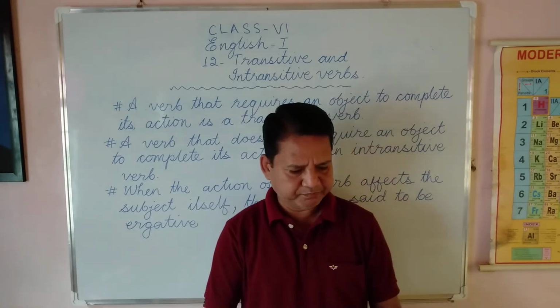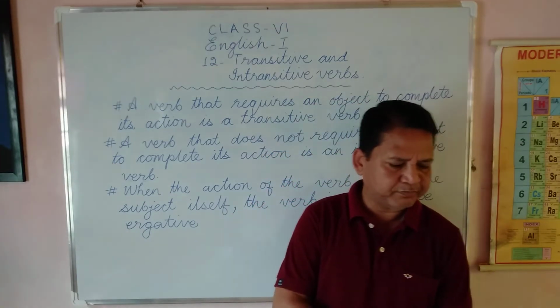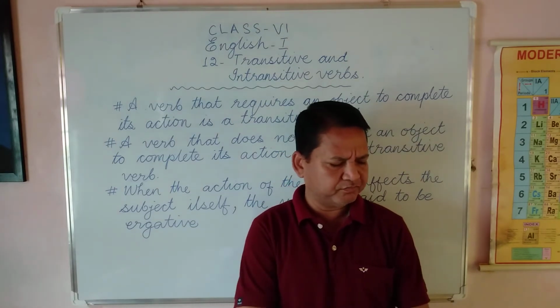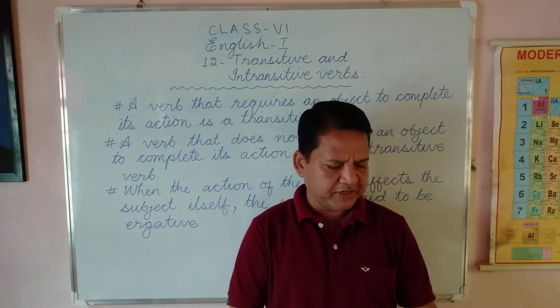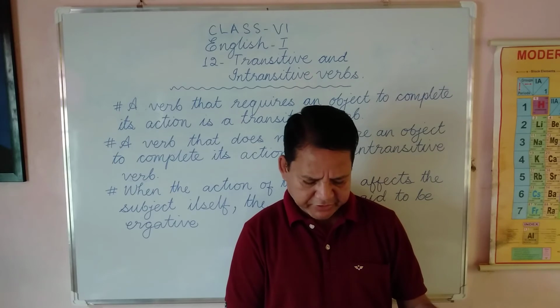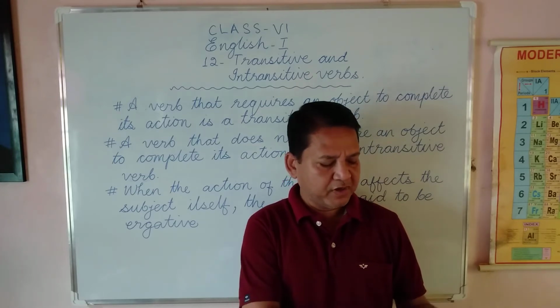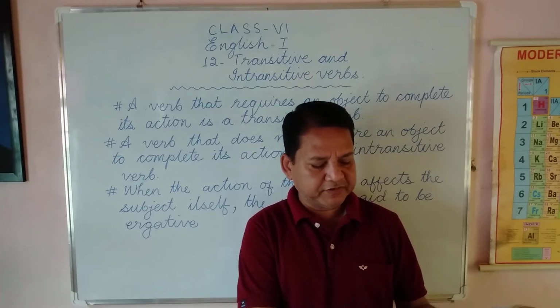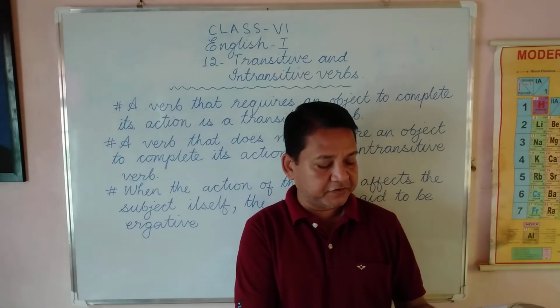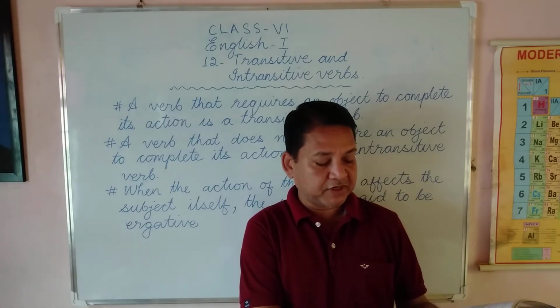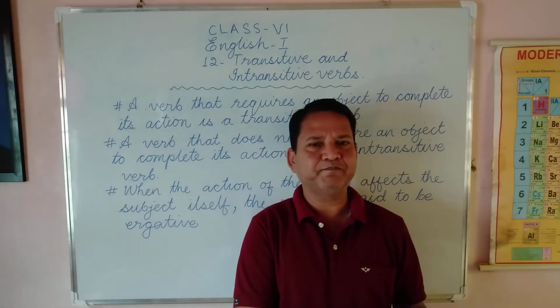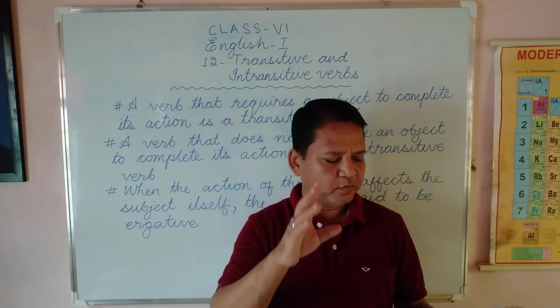Now let's see. Some more examples have been given there in the book. I'll give a few examples. Like in page number 61, what you have to do: point out the transitive verbs and objects in the following sentences. Where the verb is intransitive, simply mention intransitive. You have learned what is the subject.